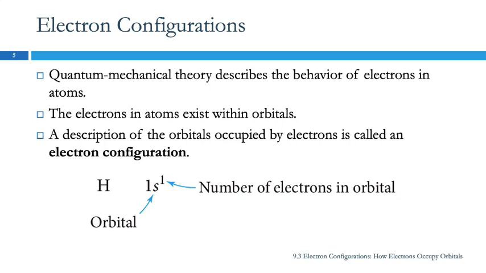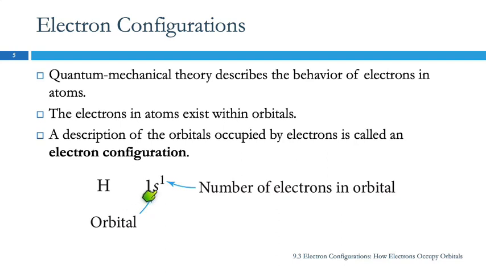And we can describe for a given atom where the electrons are located using an electron configuration, which hopefully you heard of in your prereq class for this one. So an electron configuration is just a description of the orbitals that are occupied by electrons. So for hydrogen, this is the electron configuration 1s1.